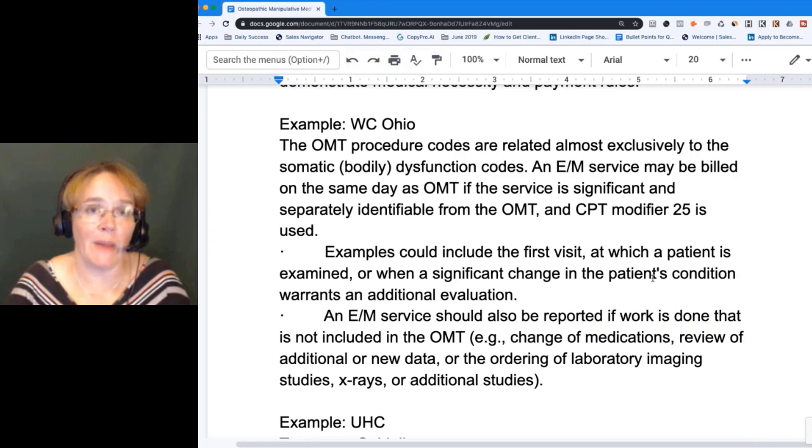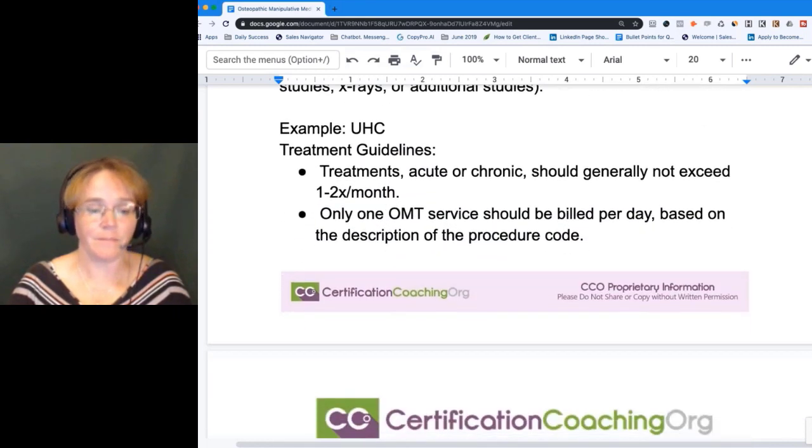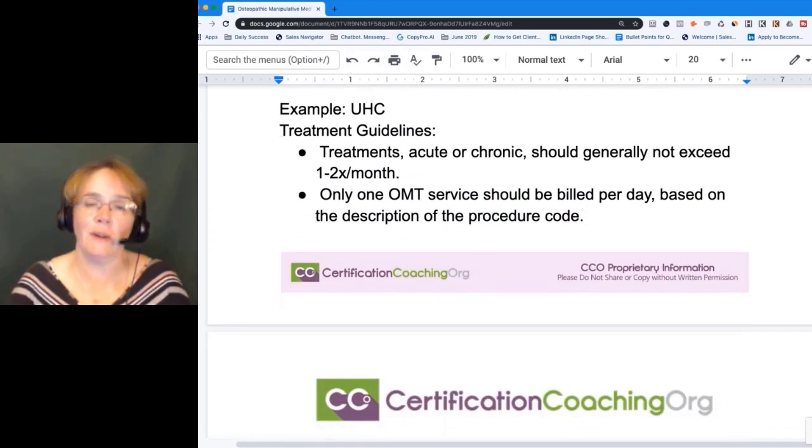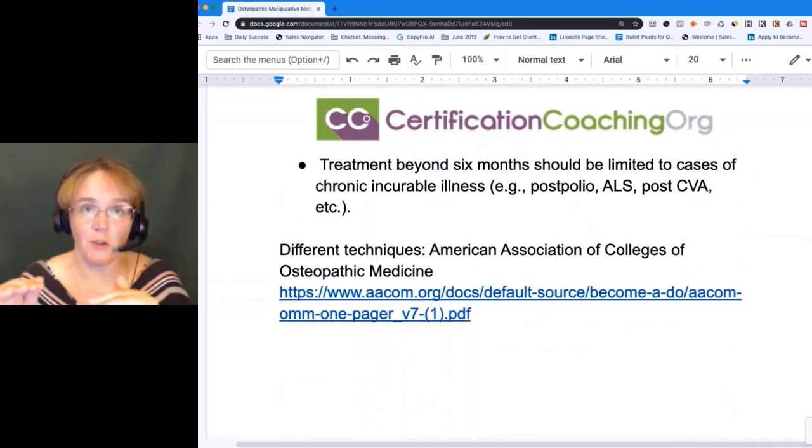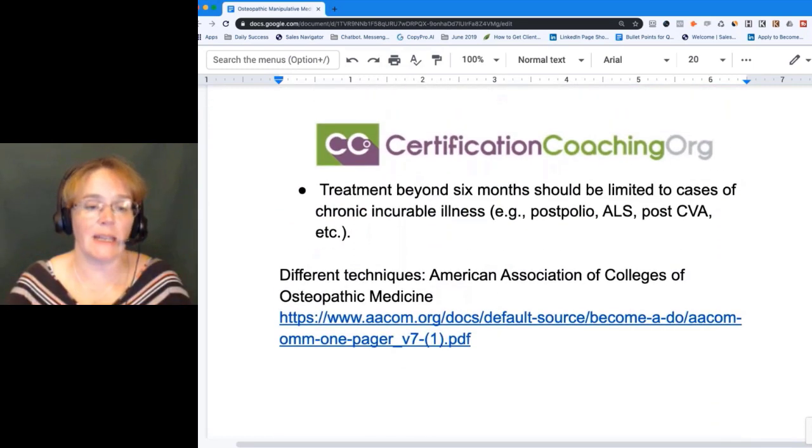United Healthcare mimics Medicare, and they have treatment guidelines. Treatments are acute or chronic, not to exceed 1 to 2 a month. So they have a time frame that you can do those. And then only one service can be billed per day, based on the description of the procedure code, of course, because you're talking about those regions, anywhere from 1 up to 10.